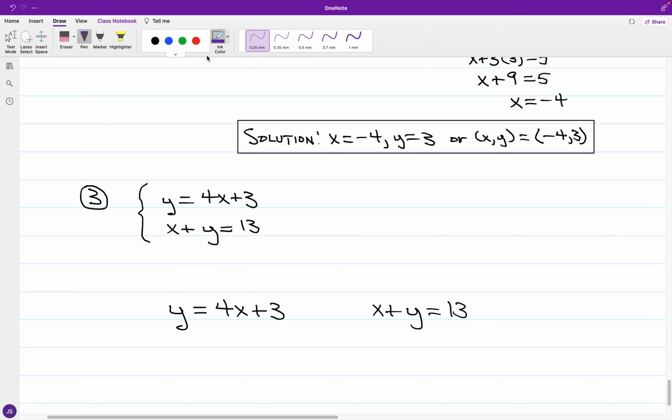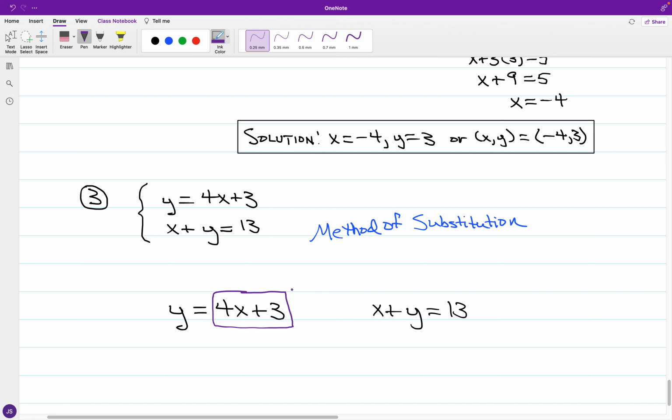Okay, instead of the addition method, we can go with what's referred to as the substitution method. So you have y is already isolated.